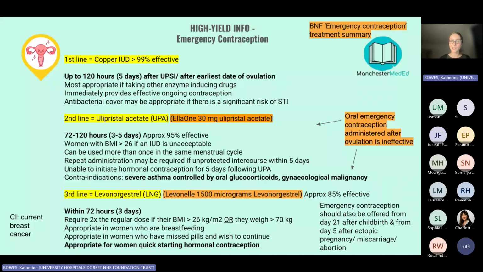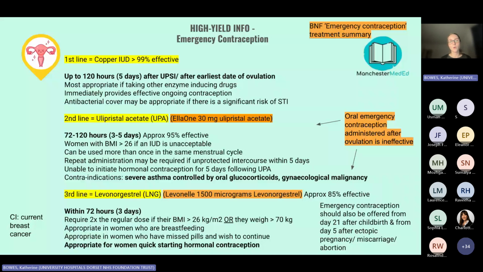And I think I've mentioned this before, but an STI screen might be appropriate depending on the risk profile, and so antibacterial cover is sometimes given. So that's the copper IUD. And then the next most effective option would be what we call ELA1, and the drug constituent in that would be ulipristal acetate.